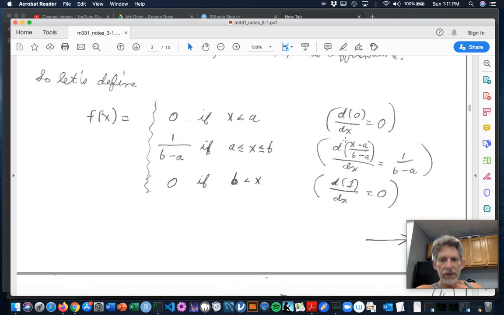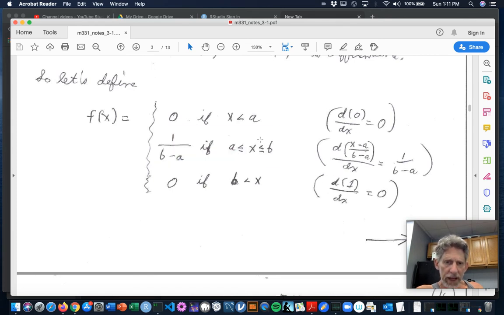The derivative of this with respect to x would be, okay, there's a constant 1 over b minus a multiplying a function x minus a. So we got a constant times the derivative of x minus a, but the derivative of x minus a is the derivative of x, which is 1, minus the derivative of a, which is 0. And so that seems to be working out.